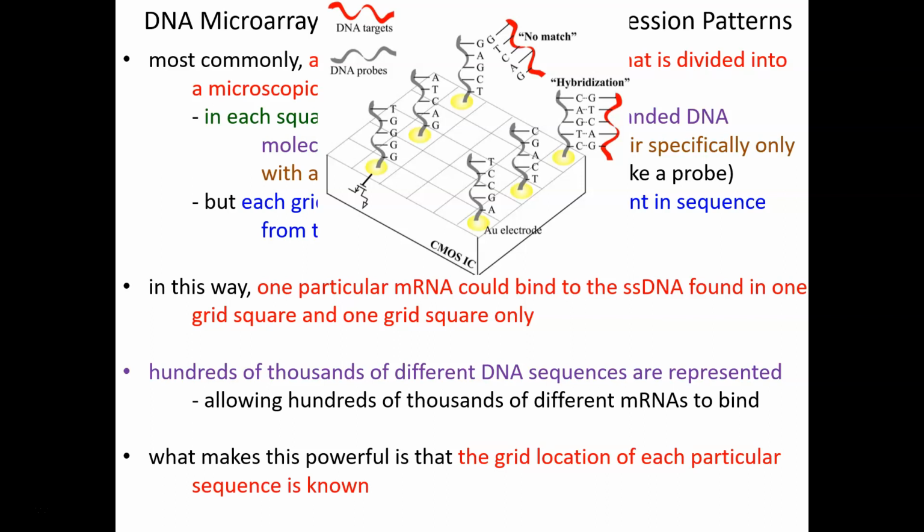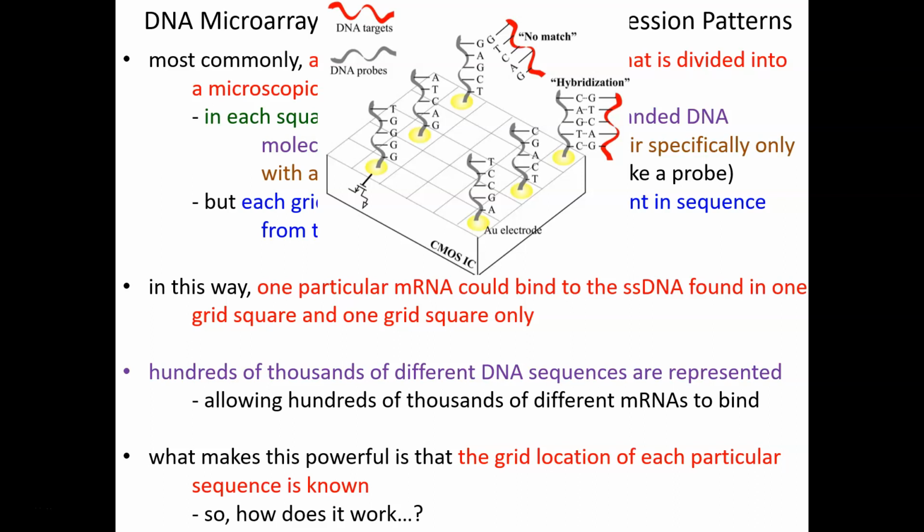What makes this powerful is that, of course, the grid square location of each particular sequence is known, so where every single gene from the genome is represented on the microarray is known as well. In other words, if you think of this as kind of specific coordinates, almost like Battleship, row C, column 18, is the ADH1 gene. We know that that gene's sequences are represented in that grid square.